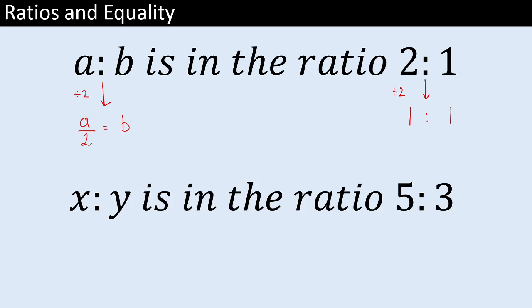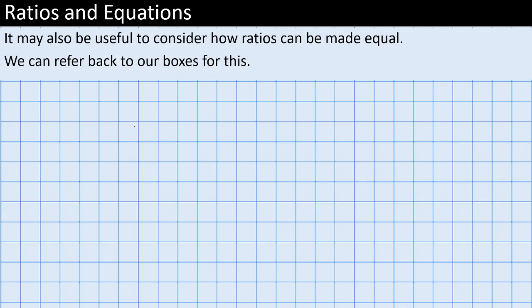Before we come back to the lower half, I'm going to take us back to the boxes idea now. So if we had A to B, which is in a ratio of 2 to 1, the only way that I'm going to make it have the same amount so that they are equal is if I halve the number of A boxes.